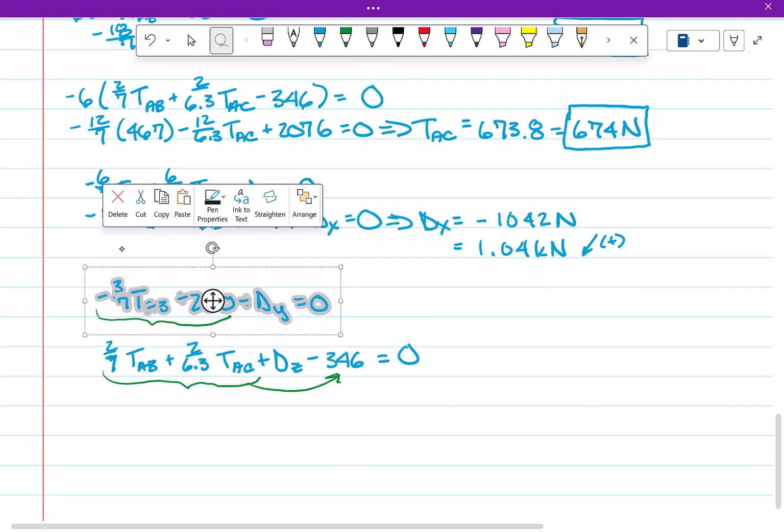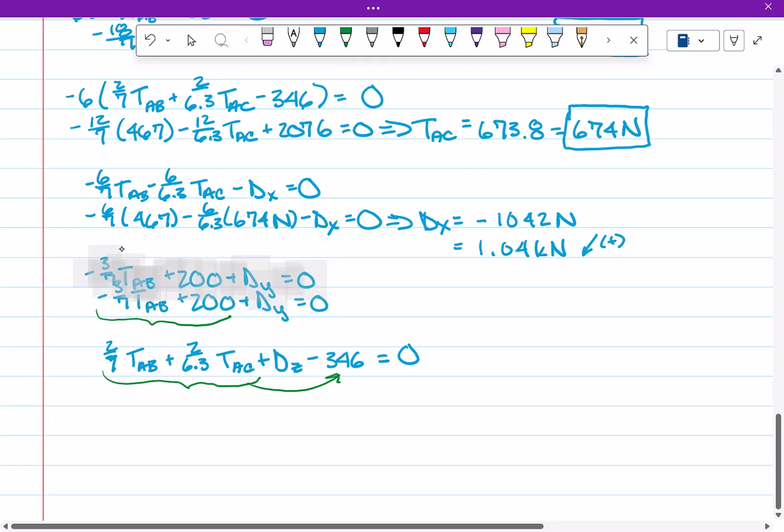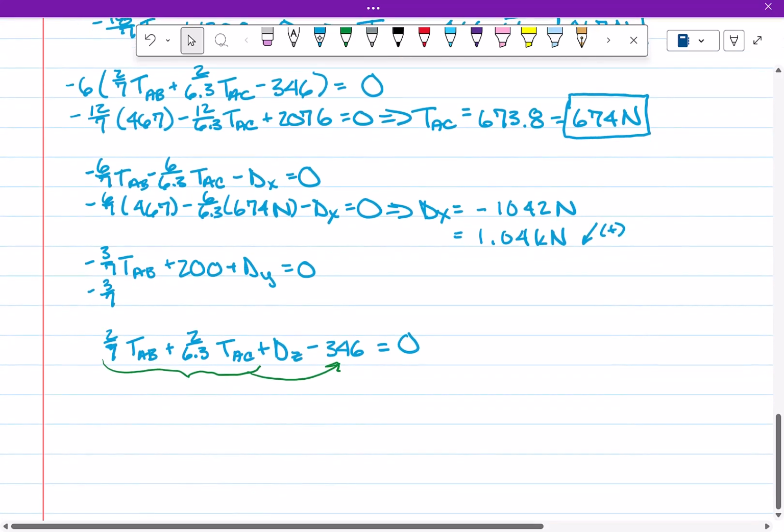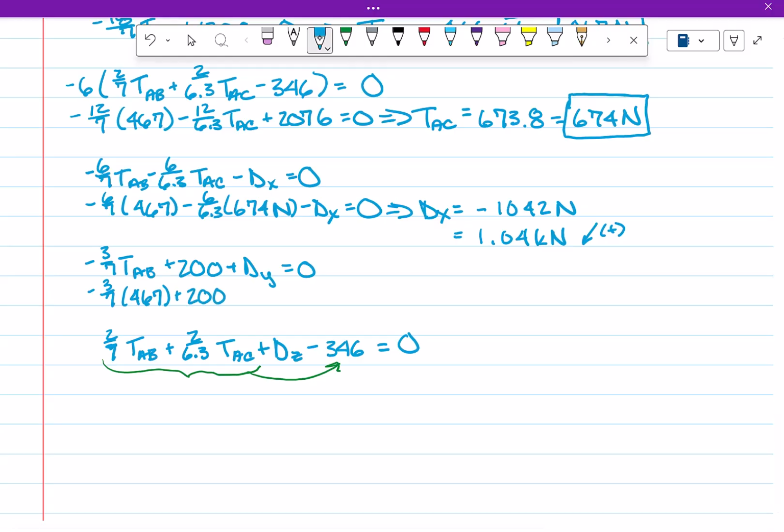So again, this is negative 3/7 TAB is equal to 467 plus 200 plus dy. Actually, that means that dy is equal to 0, right? Because this is actually 466.66667, so that cancels.